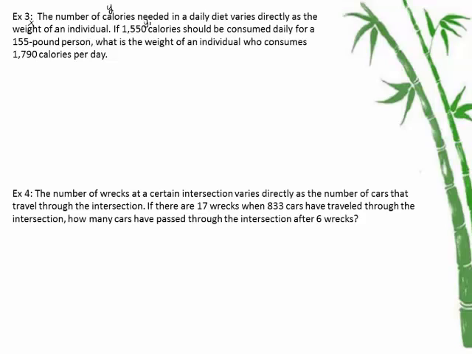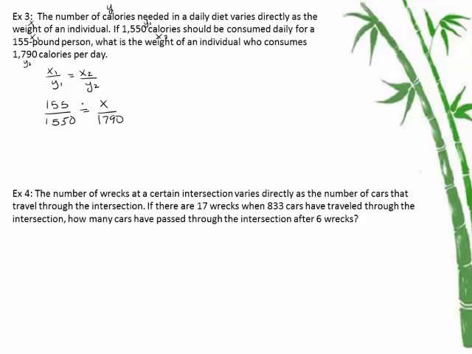So I call this y1 and x1. What is the weight of an individual who consumes 1,790? So this would be y2, and we don't know x2. So setting that up, I get x1 over y1 is equal to x2 over y2. So I put 155 pounds over 1,550 calories is equal to some unknown x over 1,790 calories.